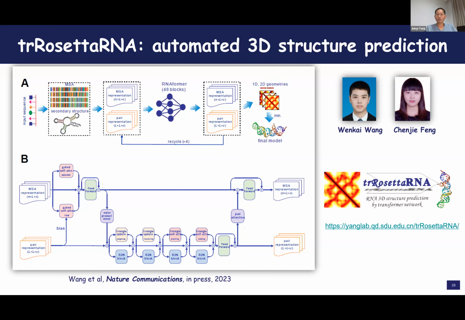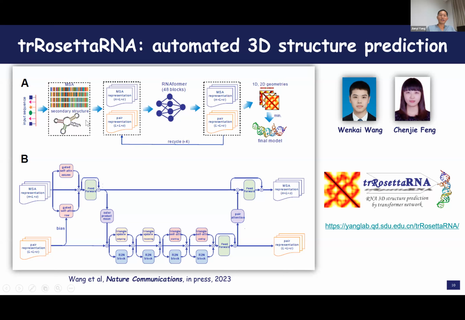So this is the overall idea of trRosettaRNA. In detail, you can see the first step is still similar to protein structure prediction. From the sequence, we try to find homologous sequences to build the MSA. There is only one slight difference compared with protein structure prediction: the input secondary structure.